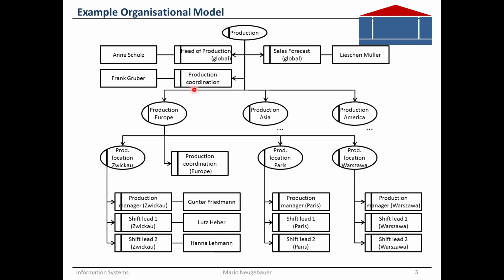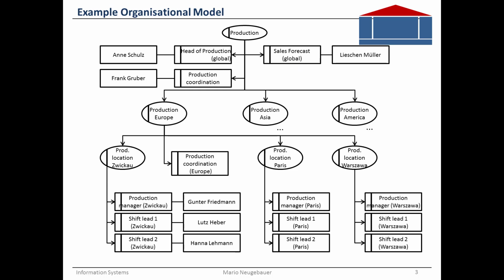Production coordinator maybe is some employee of the head of the production. And in this case, Frank Gruber is our concrete person who is the production coordinator. So maybe the operational things regarding the production are in the responsibilities of Frank Gruber.